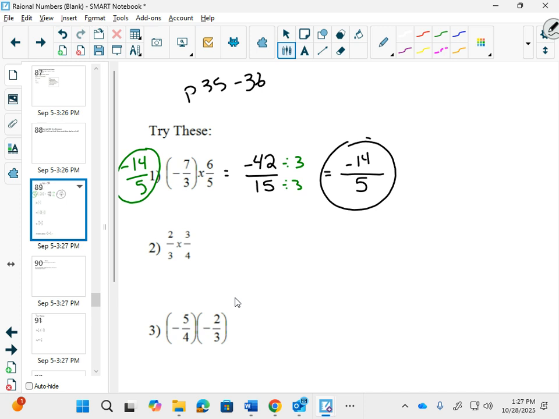Now I'm going to redo the first one. I'm going to rewrite -7/3 times by 6/5. And I'm going to ask if anybody remembers another way that we could do this that sometimes makes it easier. Divide what?